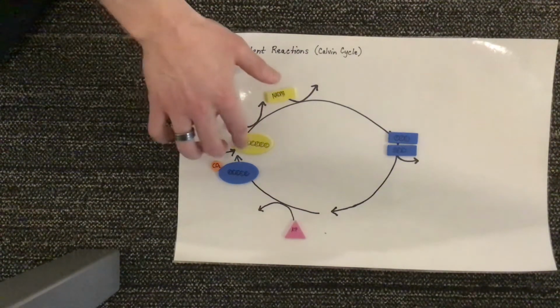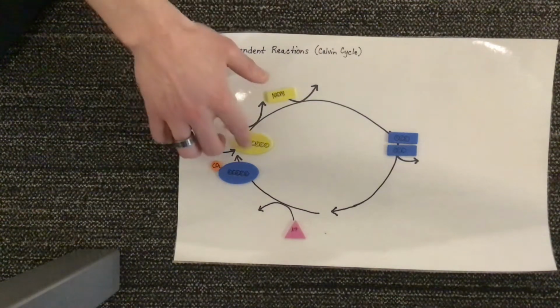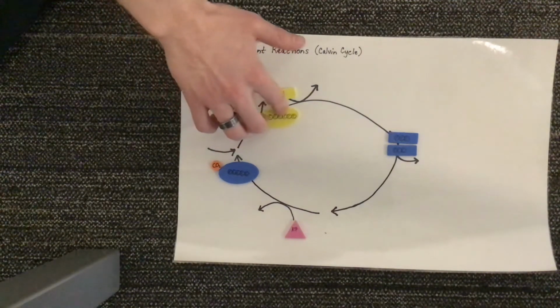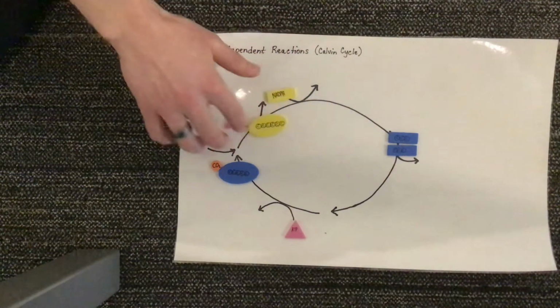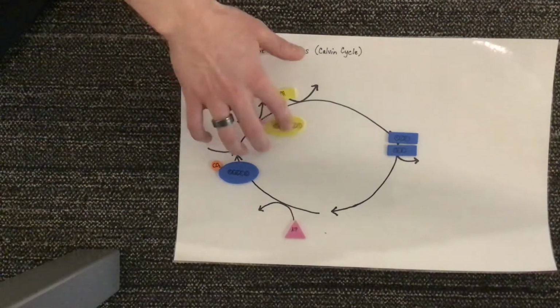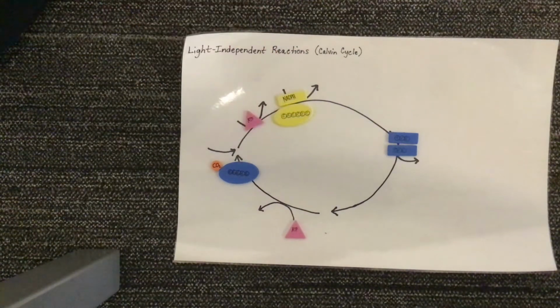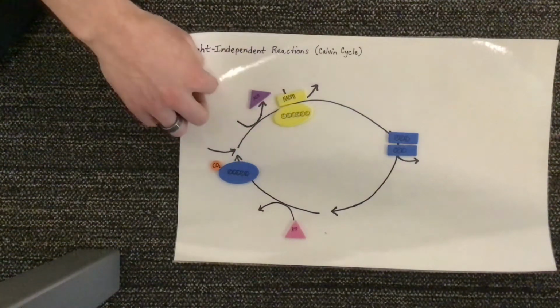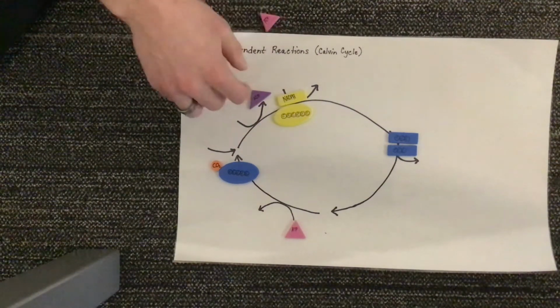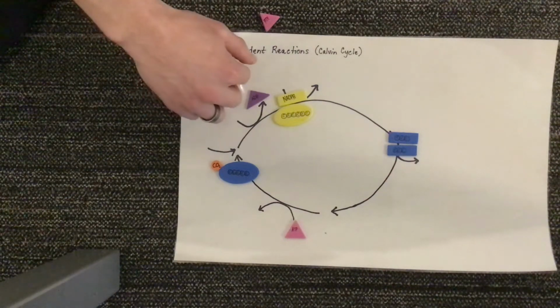Okay, then this 6-carbon molecule is going to start its way through this cycle, and it's going to get bombarded by first ATP, and then secondly NADPH. Okay? And ATP is going to give off one of its phosphates, so it's phosphorus, and it's going to be left with ADP.